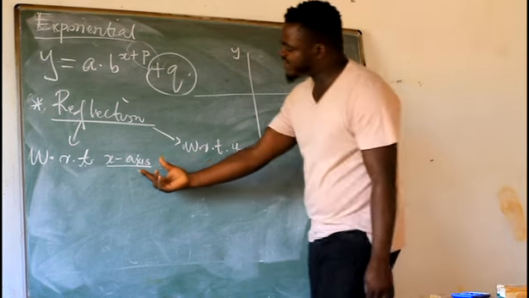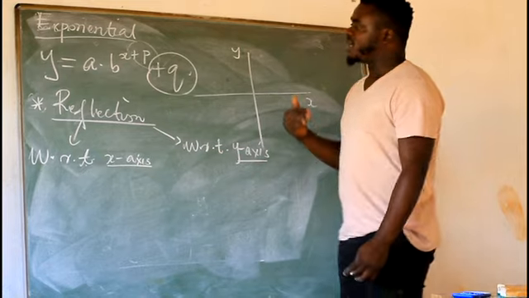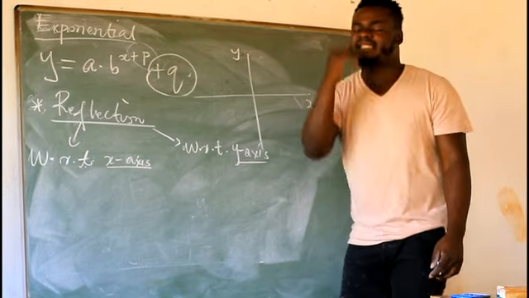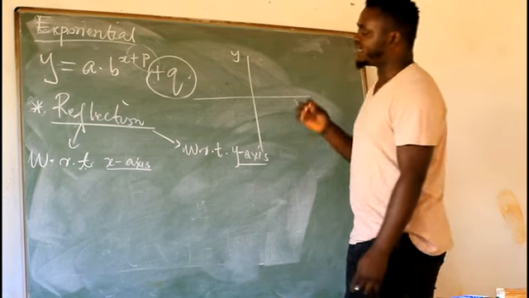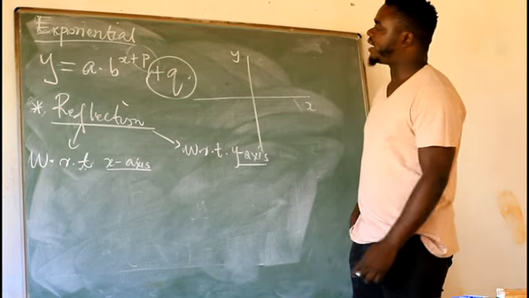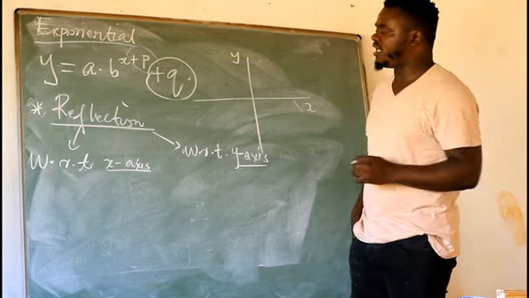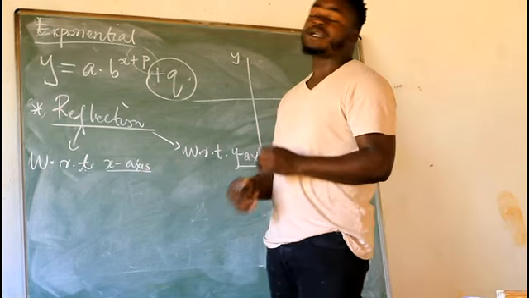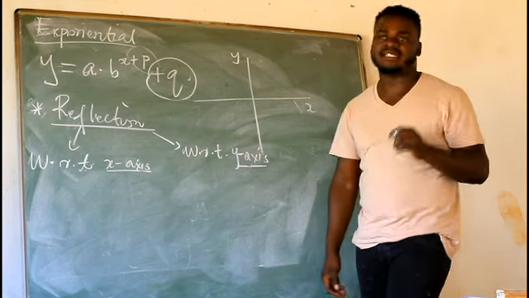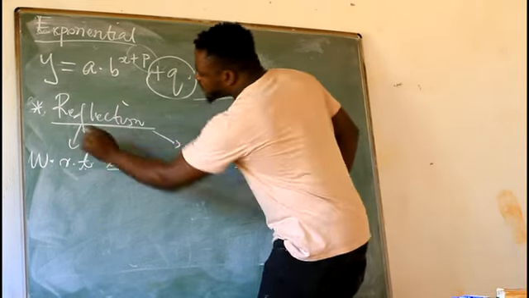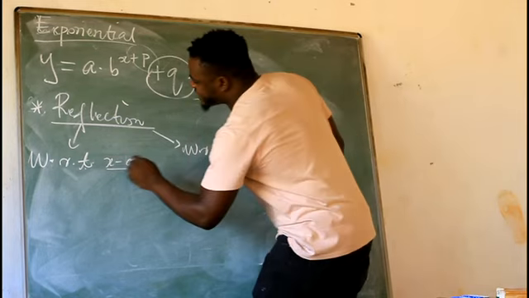Now, when we talk about the reflection of this graph, we only introduce a negative. But the difference is where do we put that negative? If the graph is reflecting with respect to the x-axis and also with respect to the y-axis, where do we put that negative?